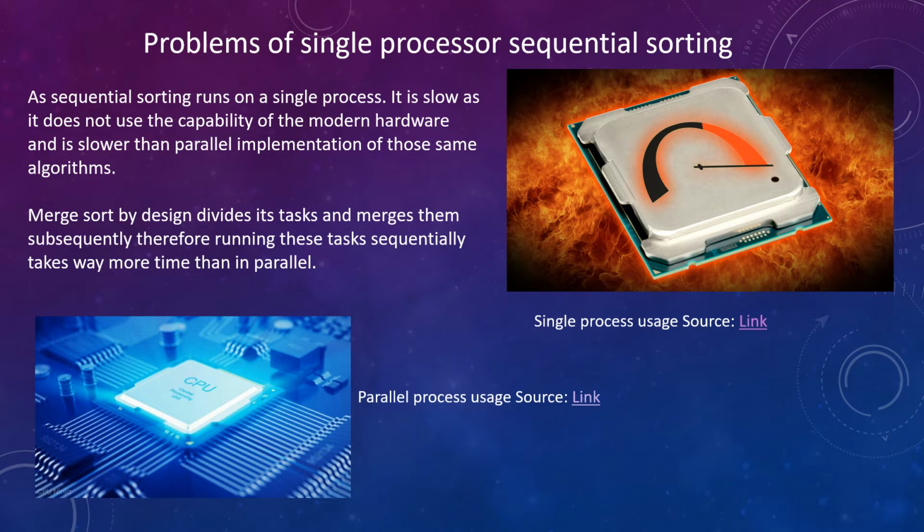Merge sort by design divides its tasks and merges them subsequently. Therefore, running these tasks sequentially takes way more time than in parallel. And therefore, merge sort, when run in parallel over multiple processors, in fact gives us very high speed, which we will understand going forward.